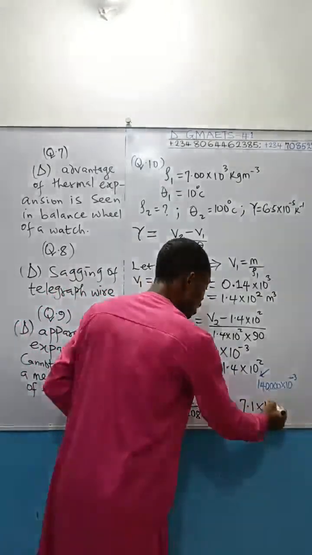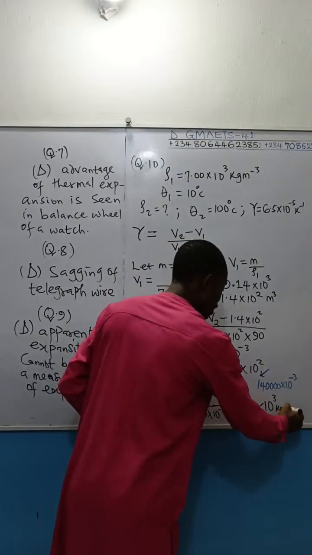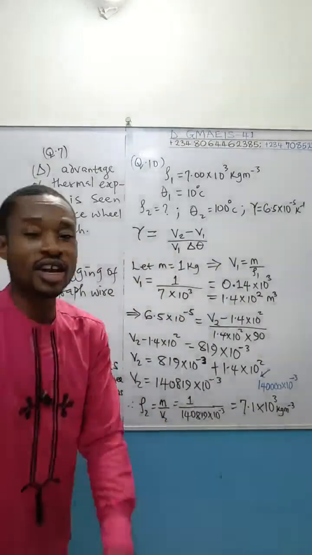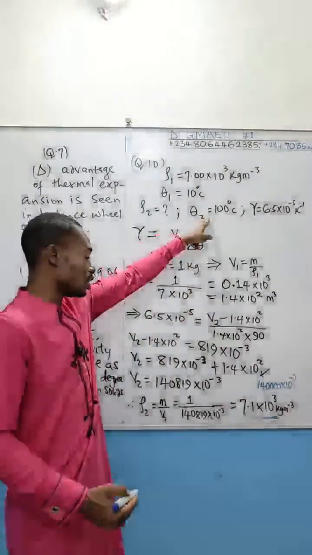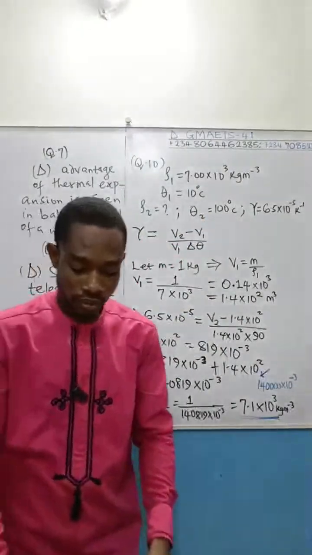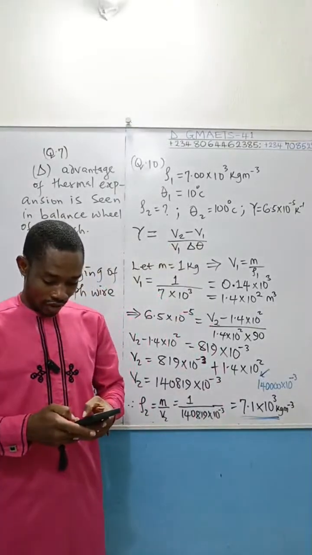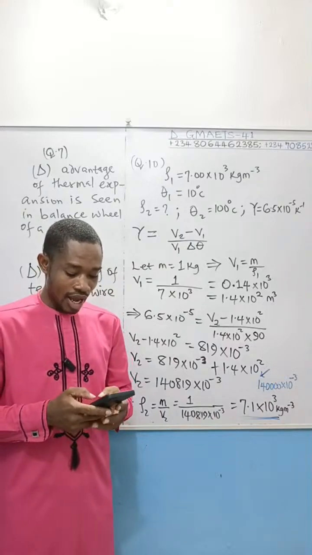It becomes times 10 raised to power 3 positive. The unit will now be kilogram per cubic meter. This, of course, is the final density of the liquid at this 100-degree. I'm done solving this question. And that is that.